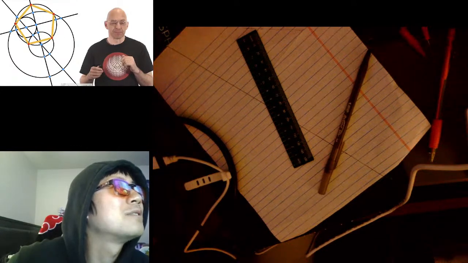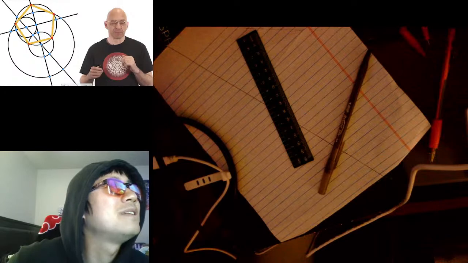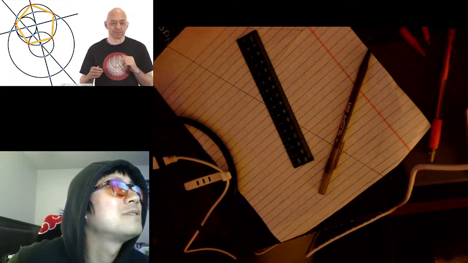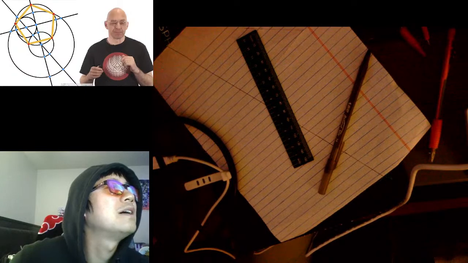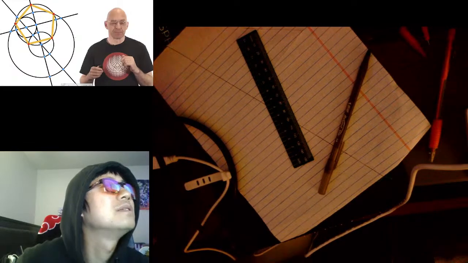Where's the second circle? Am I supposed to be thinking bigger circles to smaller circles, or smaller circles to bigger circles? So, circle, circle, circle. 1, 2, 3, 4. I count how many circles? 1, 2, 3, 4 circles maybe.